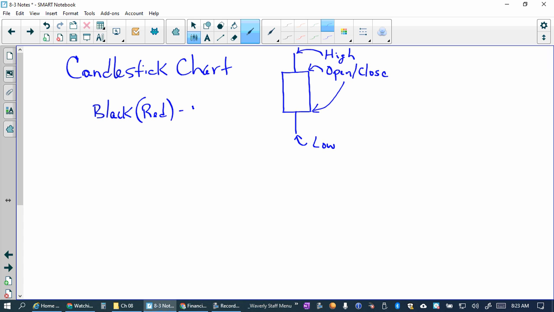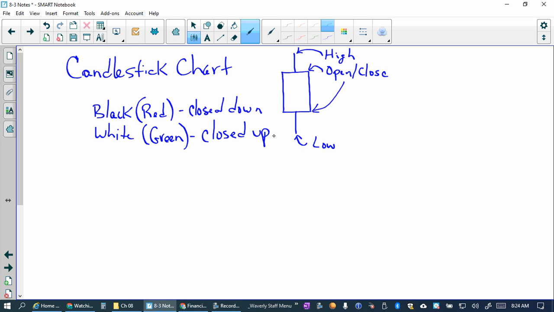It closed lower. And if it's white or green, it means it closed up for the day. And that'll tell you whether your top or bottom of the rectangle is an open or close, right?